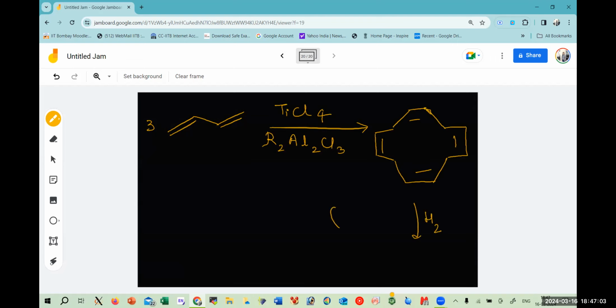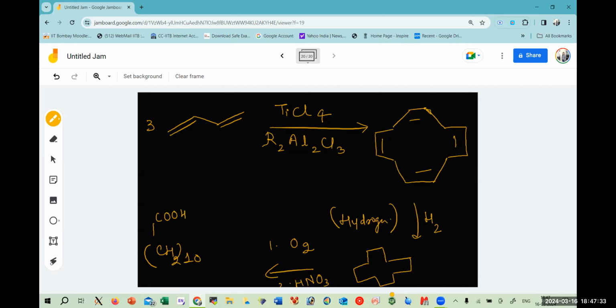On hydrogenation, this is just a hydrogenation step, it would give you a hydrogenated product, and then on treatment with oxygen and a second treatment with nitric acid, it would open the chain to form, since it is 12 carbons, CH2 chains, and the other ends will become COOH and COOH. So this is your industrial application.